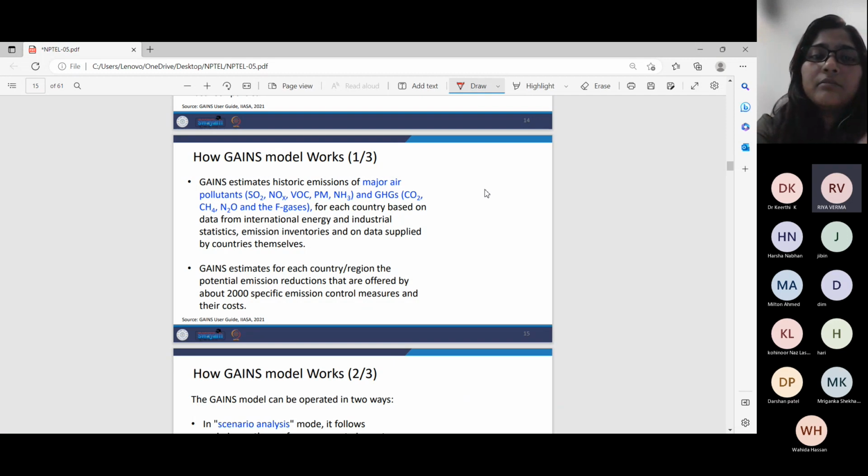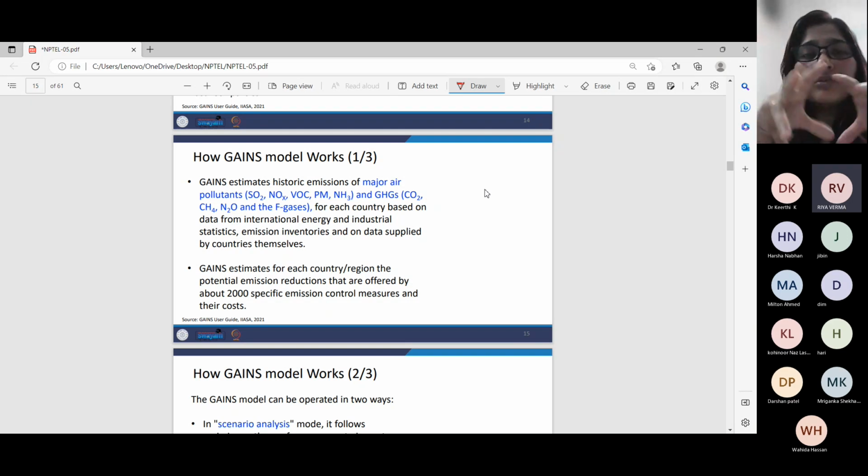So basically, on the basis of the data that is given by the countries, or the basis of the emissions from different industries, the GAINS model estimates the historic emissions for each country, and then the potential emission reductions that are offered by about 2000 specific emission control measures and their costs.